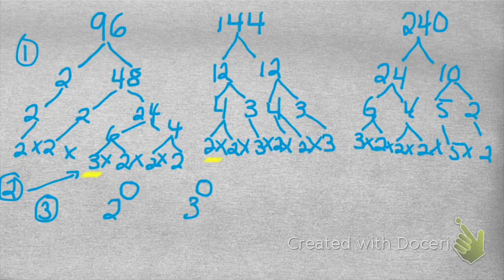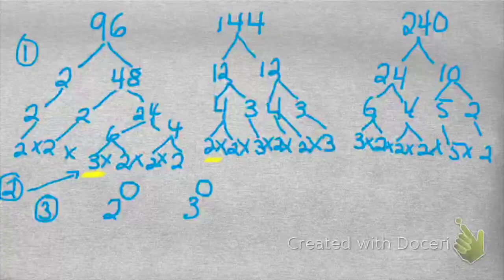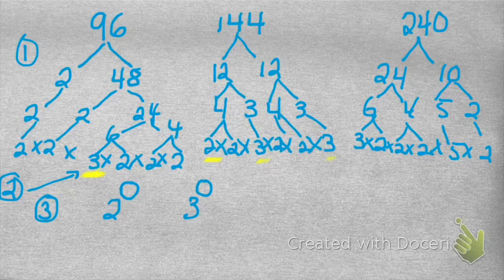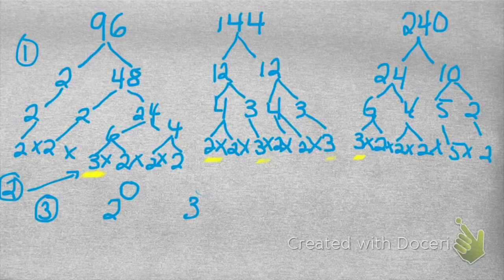I see a 3 show up here once, here twice, and here once. So the least amount of times that I see a 3 is 1 time. So in the exponent position, I'm going to put a 1.